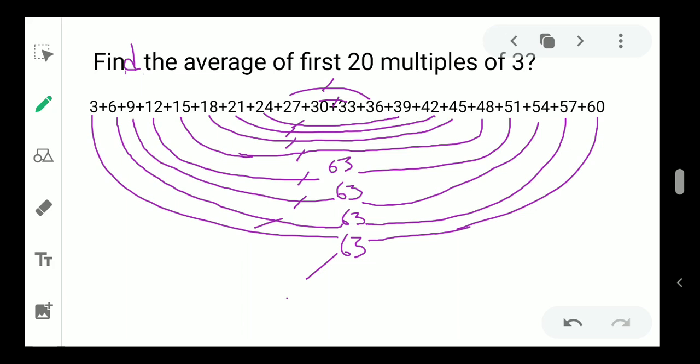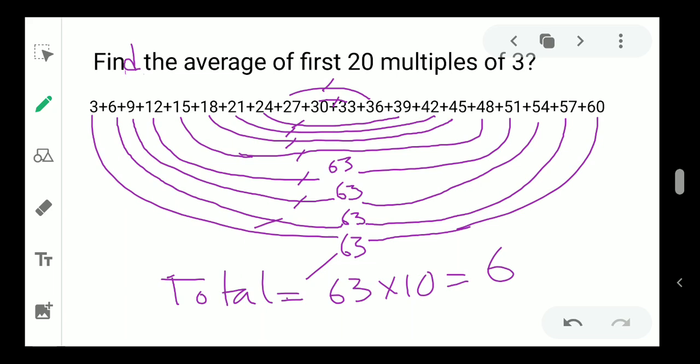So in total you are getting 10 63s. That means the total is 63 into 10, because 10 times you are getting 63, right? So now what will be the average?